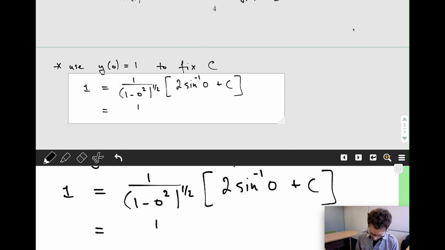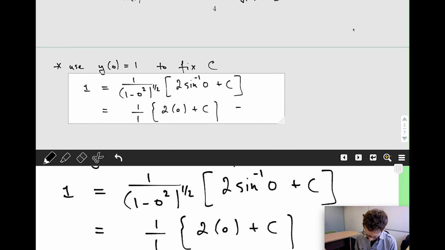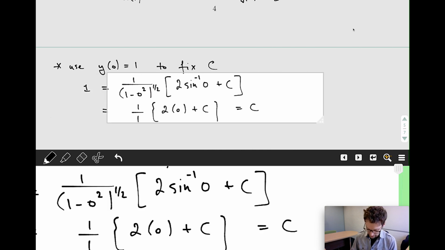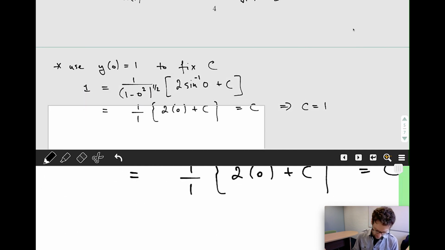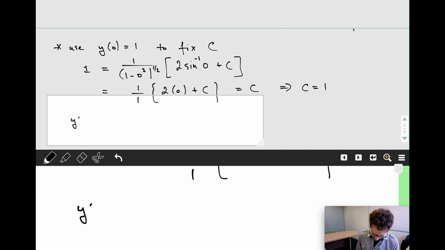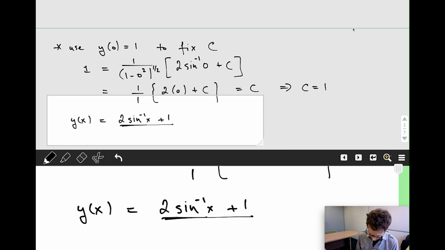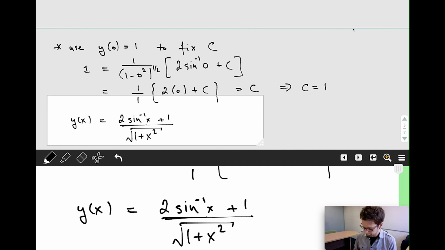So we get 1 over the square root of 1 is 1, times 2 times 0 plus c. So this is all equal to c. So it actually gives me that c is equal to 1. And I find my solution y of x is equal to 2 sine inverse x plus 1 all over the square root of 1 minus x squared.